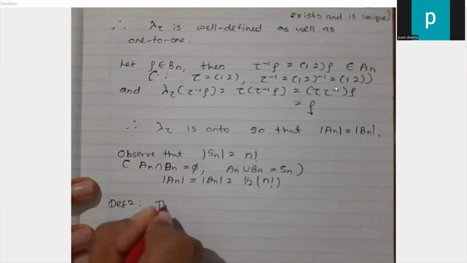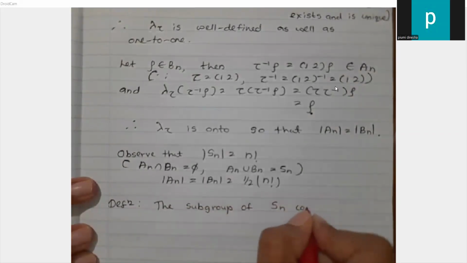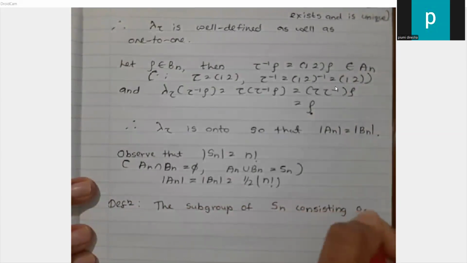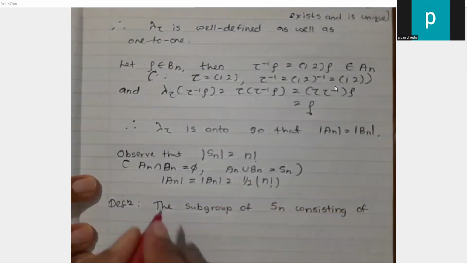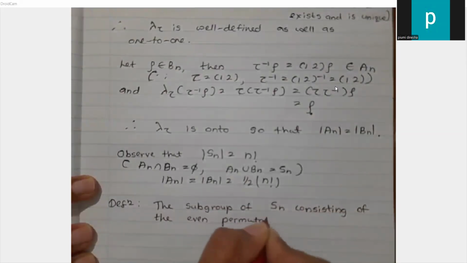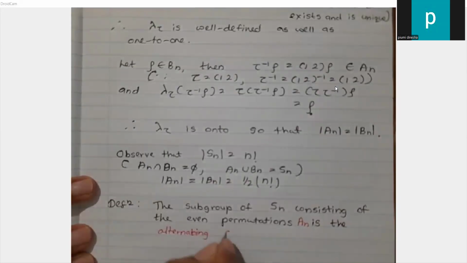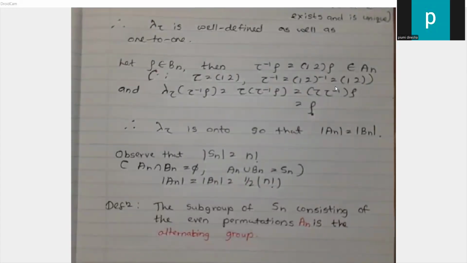The subgroup of Sn consisting of all the even permutations is, let me write, the alternating group on n letters.